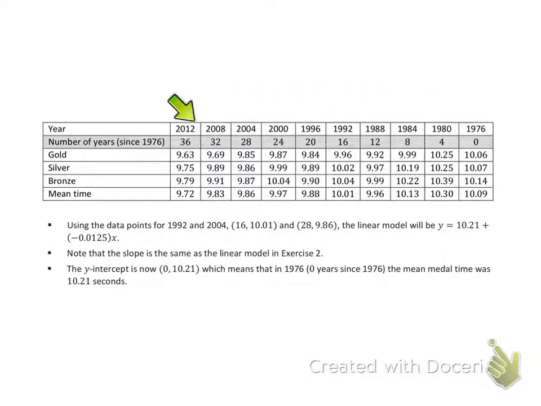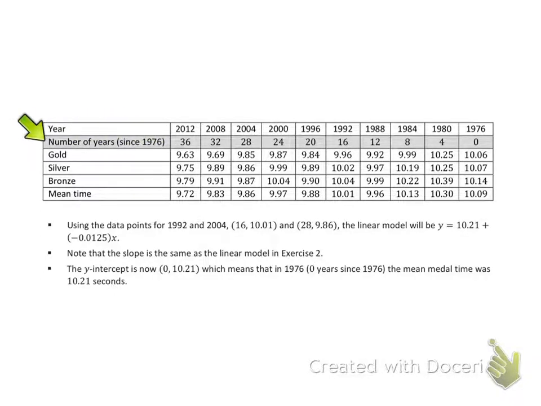What they've done here is they've started with 1976 being year 0, 1980 being year 4, and so on up to 2012 being year 36. So then 2016 would be year 40. Okay, so instead of the actual number of the year, we've said number of years since 1976.